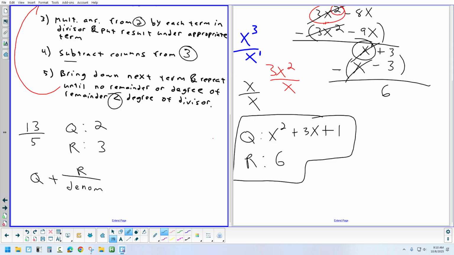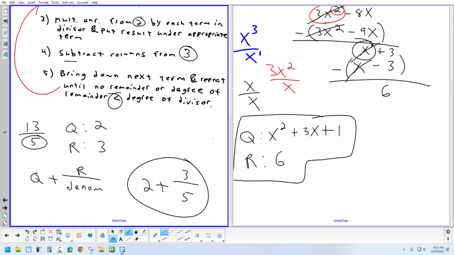Let's try that here. Quotient is 2. Remainder is 3. Original denominator was a 5. That's how you could write your answer to 13 divided by 5. It's 2 plus 3/5, or 2 and 3/5 as a mixed number. Quotient plus remainder over denominator.